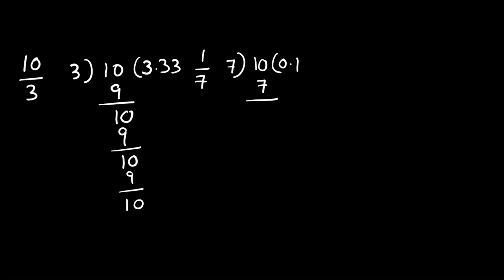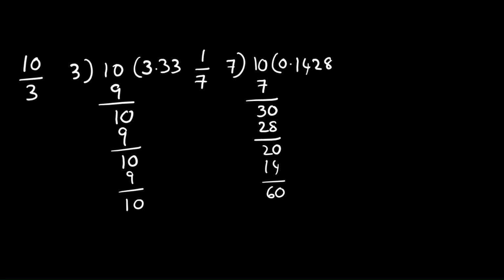So we get 3 as the remainder, making this as 30. 7 fours are 28. We get 2 as the remainder, making this as 20. 7 twos are 14. We get 6 as the remainder, making this as 60.